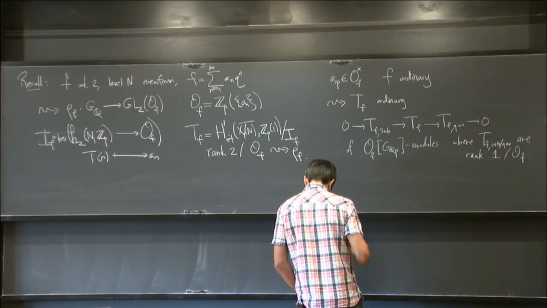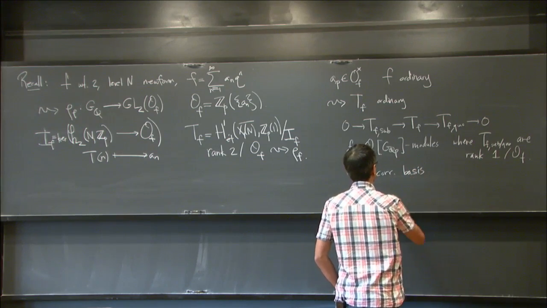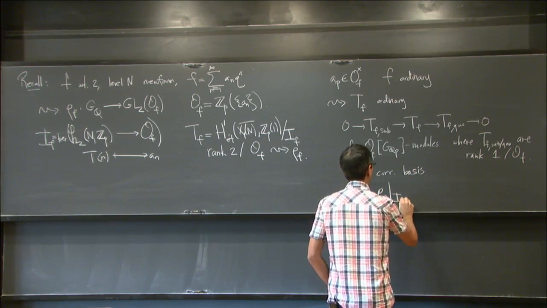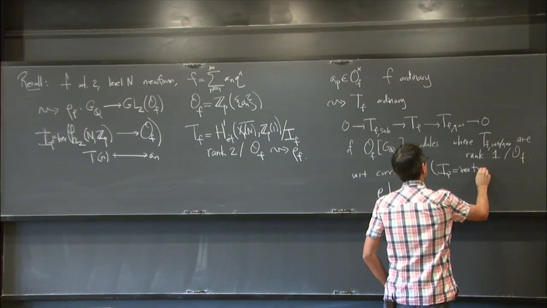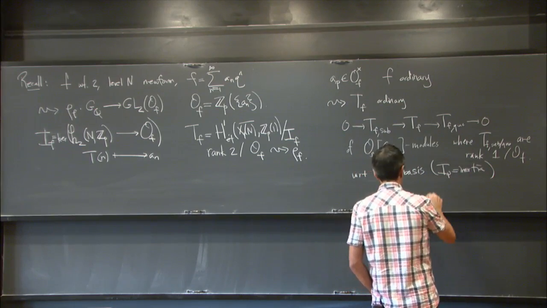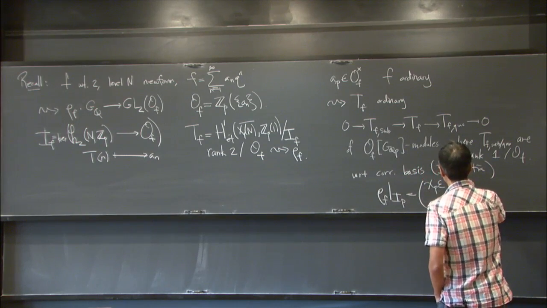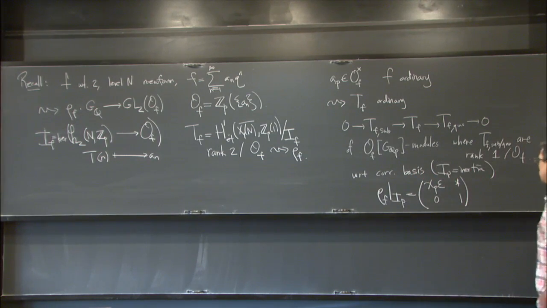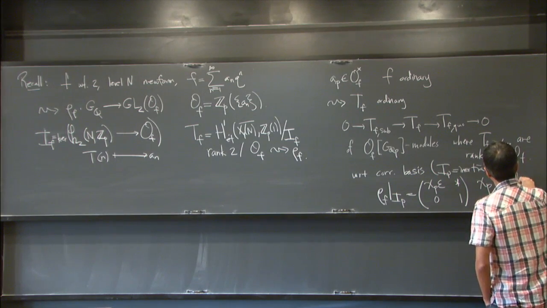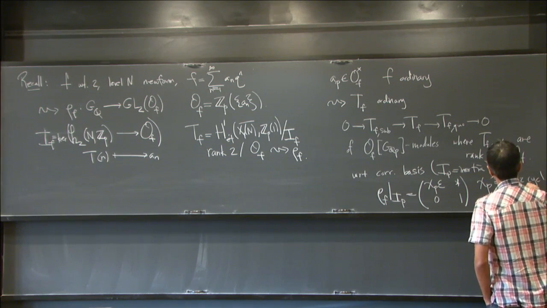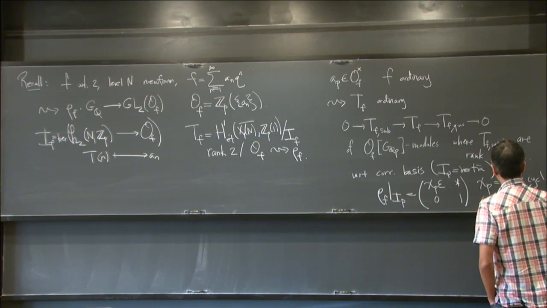So with respect to the corresponding basis, rho F, in particular restricted to inertia at p, is going to look like the determinant, which is the cyclotomic character times the Nebentypus, 0, star, 1. So chi p is the p-adic cyclotomic character, and epsilon is the Nebentypus, or the character, of F.